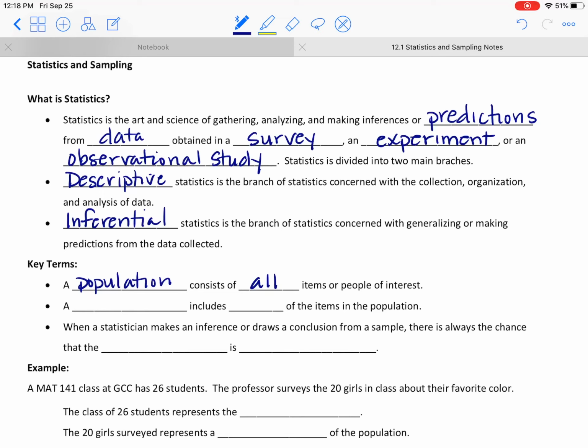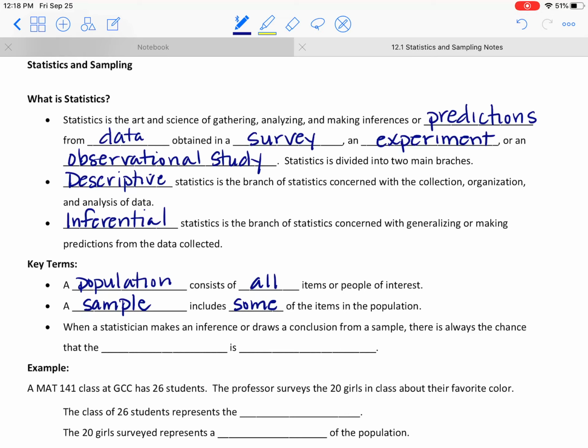But if we cannot survey or experiment or observationally study the entire population, then we might just take a sample. We take a small portion of people of interest and focus on them instead. So a sample includes some of the items of interest.